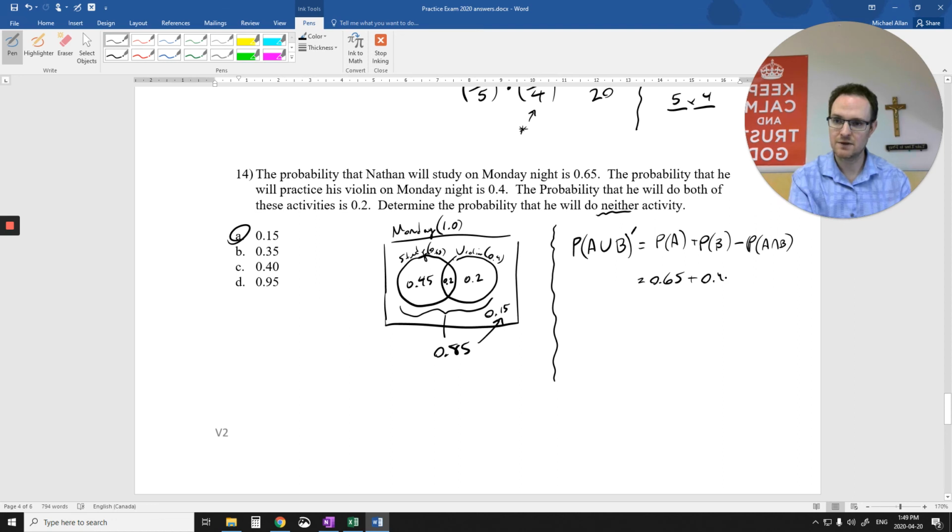B is the violin one. A and B together, we had that number is 0.2. If I did this math, I get 0.85 as well. Okay, but that would be both those things happening, but I want the not one. So I'm going to take 1 minus this number, and I get the 0.15.